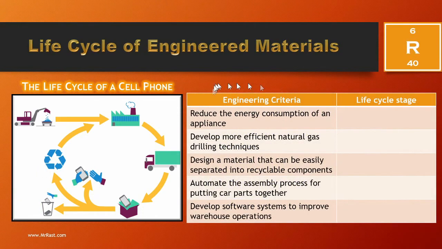If we look at these different engineering criteria, we've got some different criteria such as reducing the energy consumption of an appliance. So we've got these different things that are important. And we take a look at the life cycle of a product, and this is for a cell phone, but it could be for anything. Everything has to go through these 5 different stages.